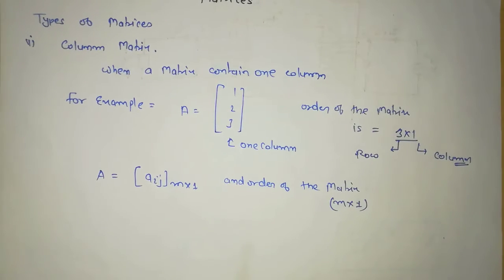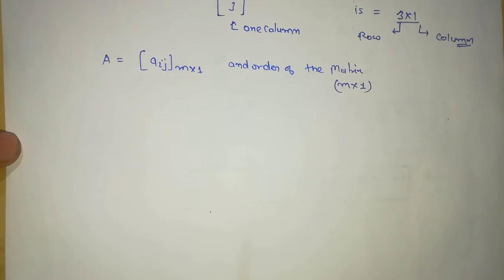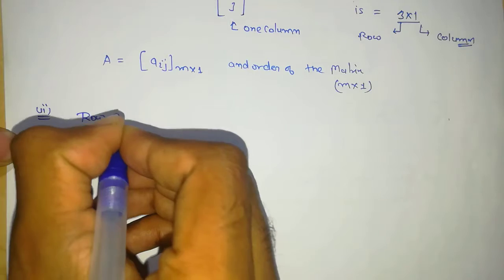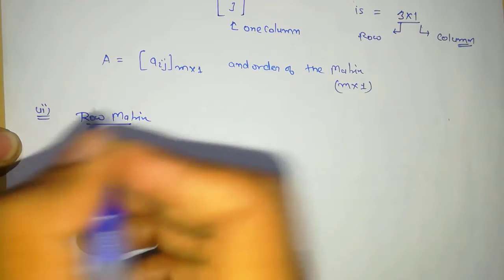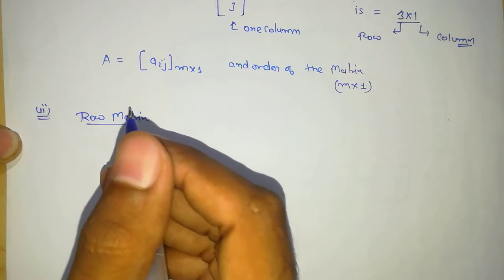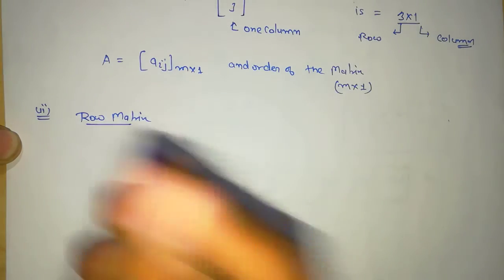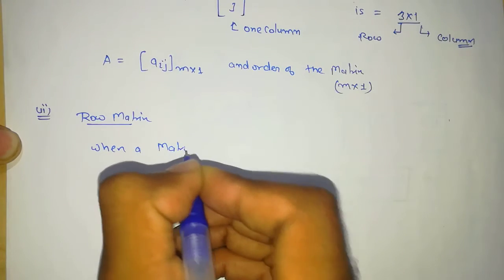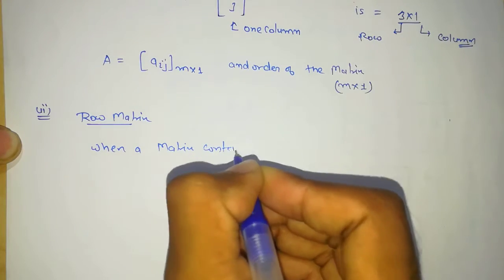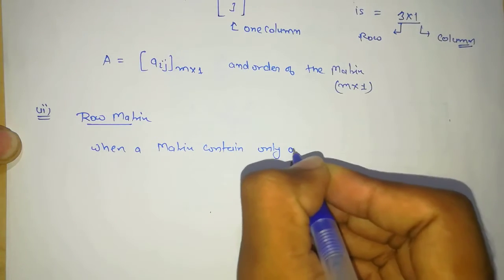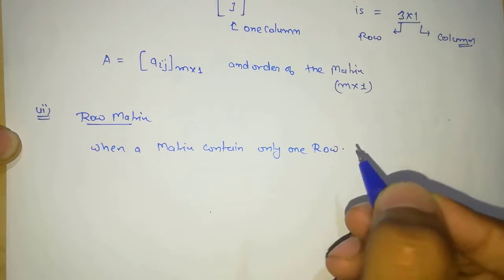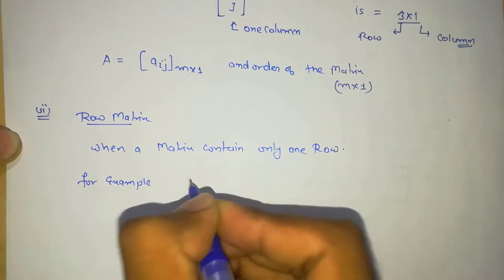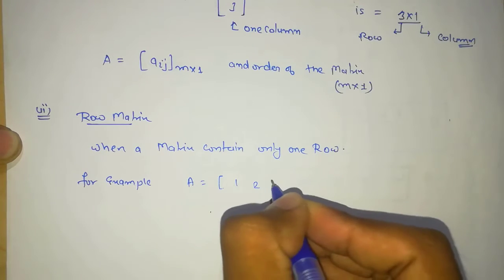Now the next matrix is the row matrix. A matrix is said to be a row matrix if it has only one row. For example, A equals 1, 2, 3.